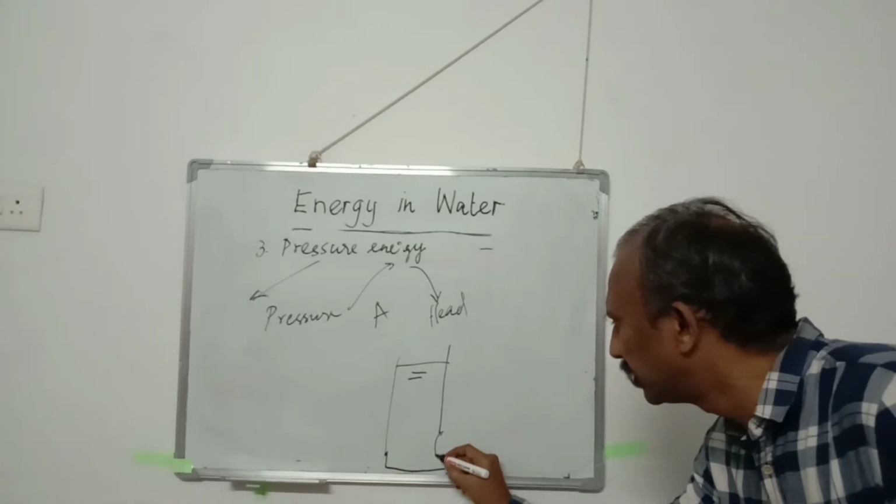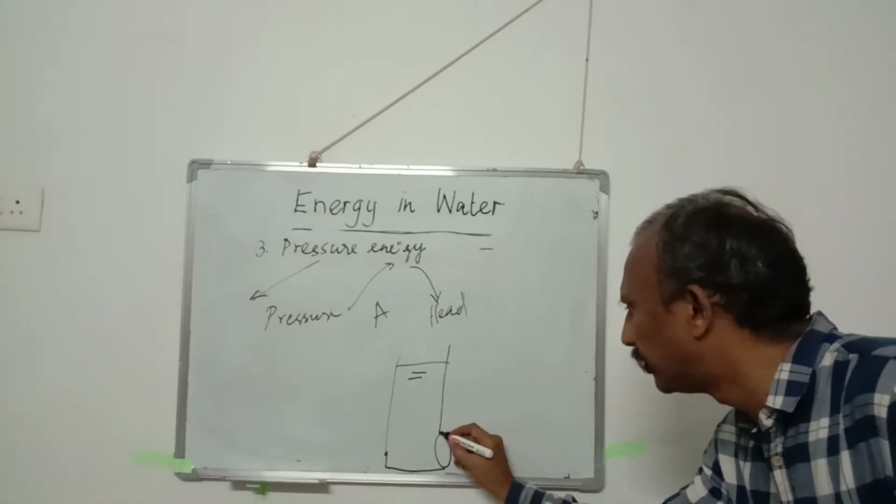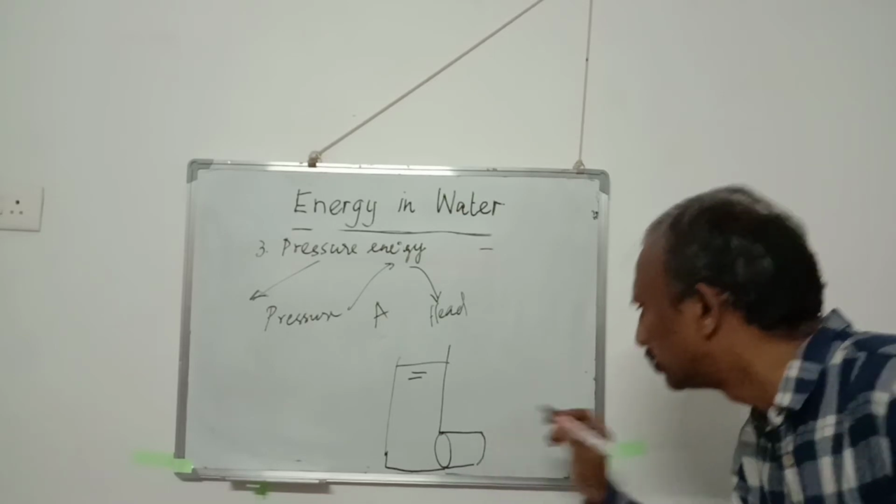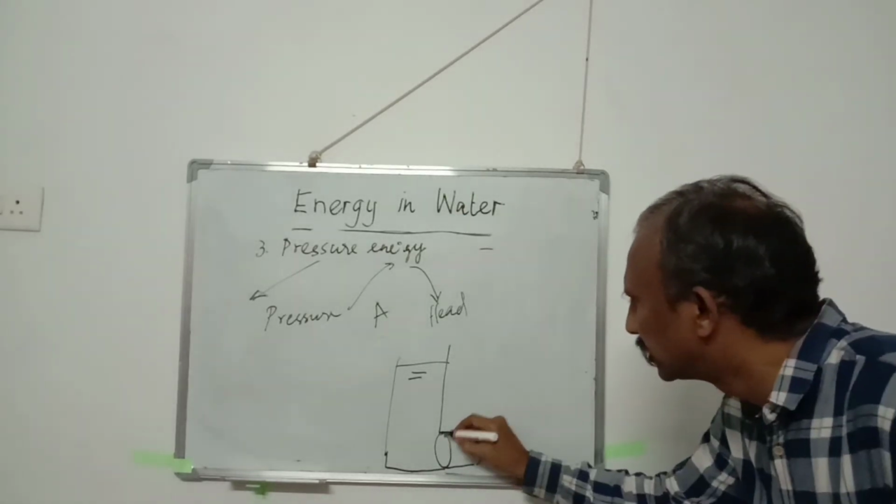Let us assume that we have a very small hole with this cross-sectional area.